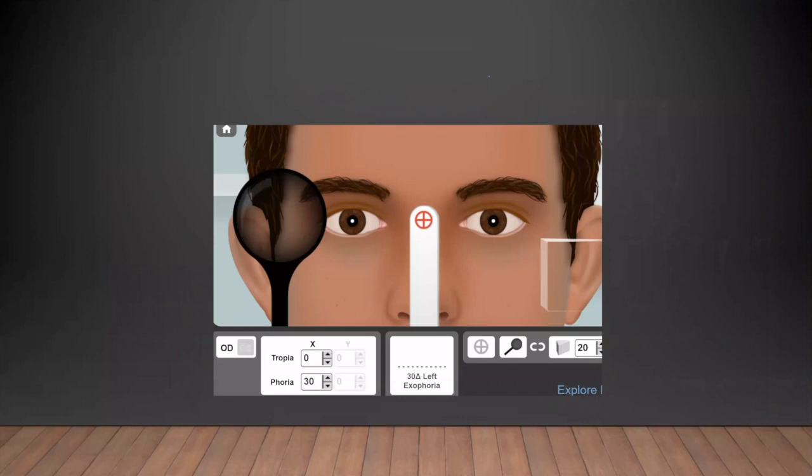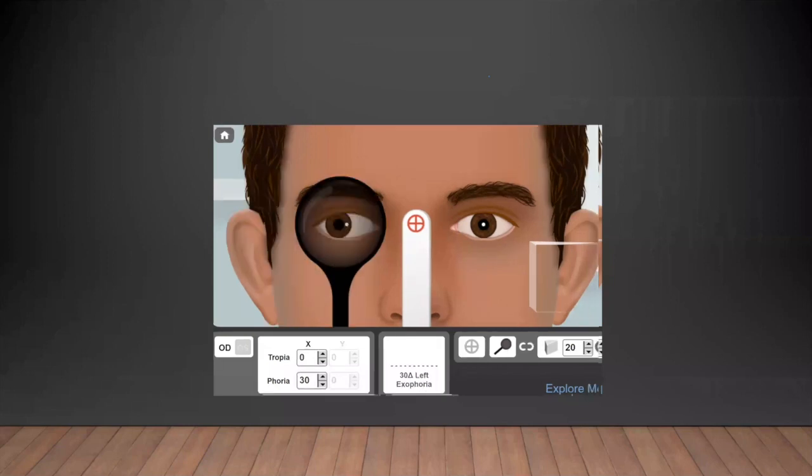Now I want you to know that we are going to be able to pick up phoria by using the cover-uncover test. So in this case, where you're seeing that both eyes are looking, Hirschberg is what in this case? Can someone tell me what is the Hirschberg's test? Yes, Hirschberg's test for this patient looks central. Hirschberg's is central.